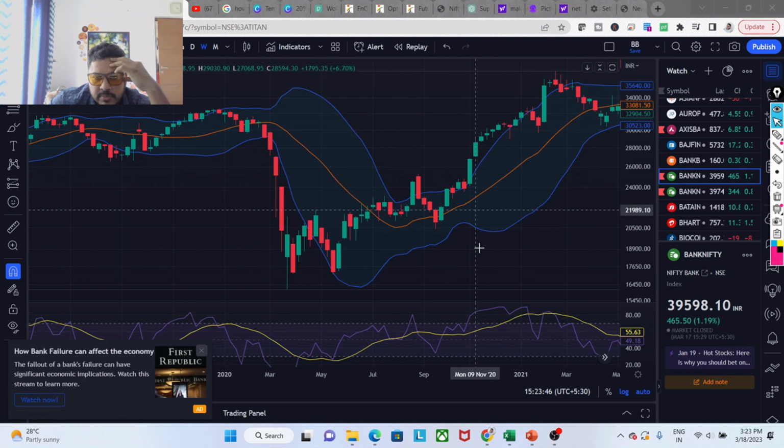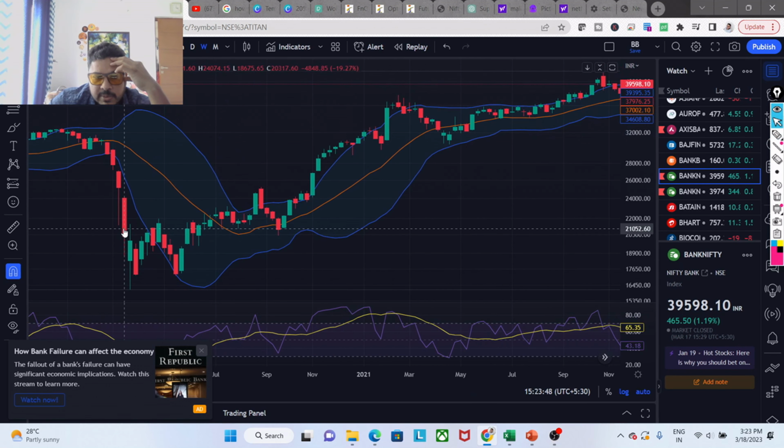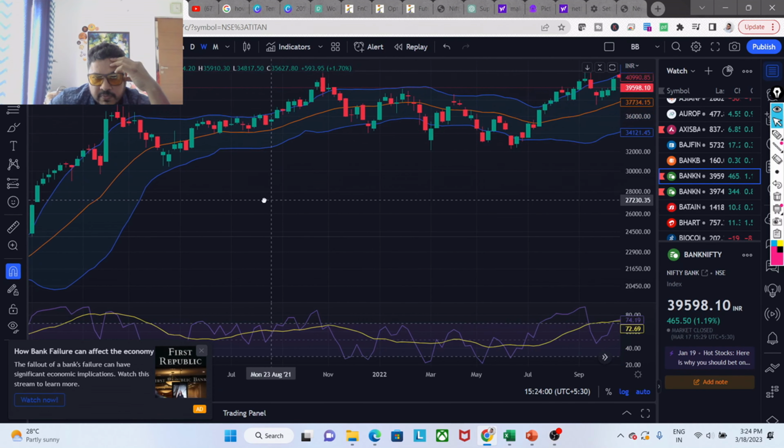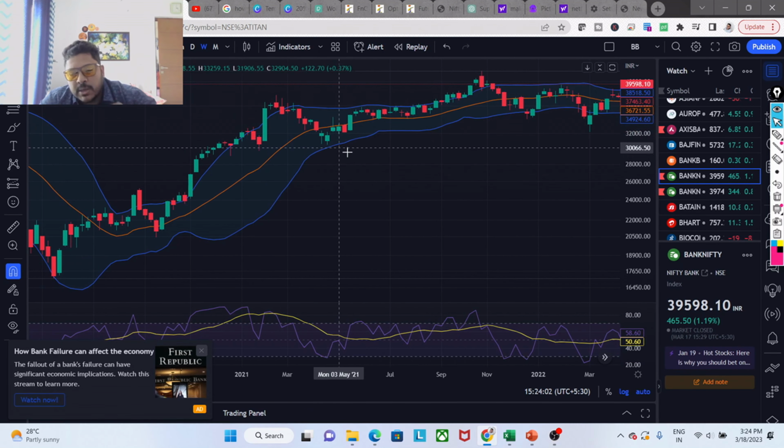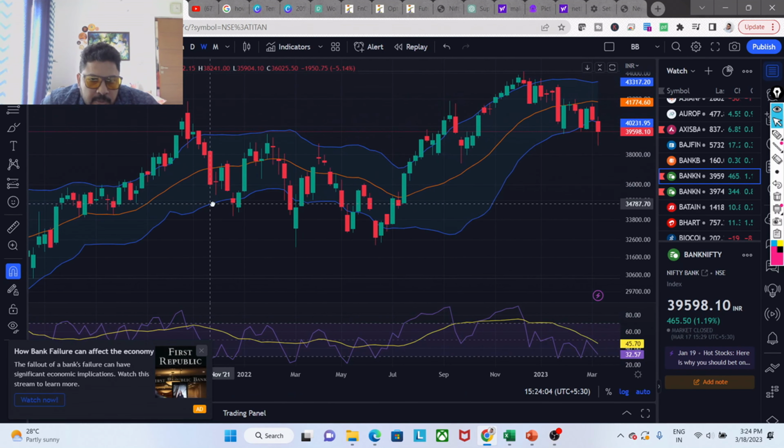Riding this entire move would be a dream, but most people get out when they see profits till here only. Even here or here, they might feel, oh, a red candle is coming, it can come down. So you have to wait it out, and for that waiting you need to use other indicators as well. But Bollinger Band is very useful if you're trading a sideways market.